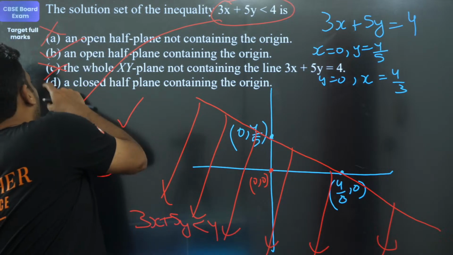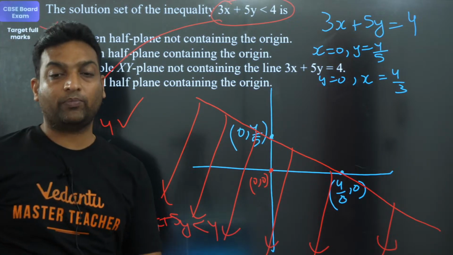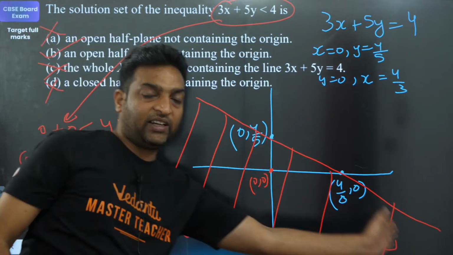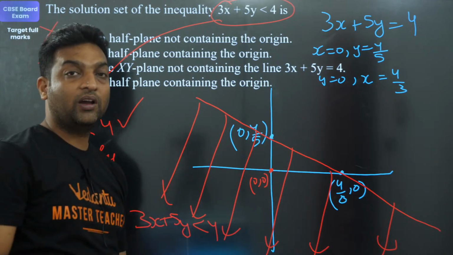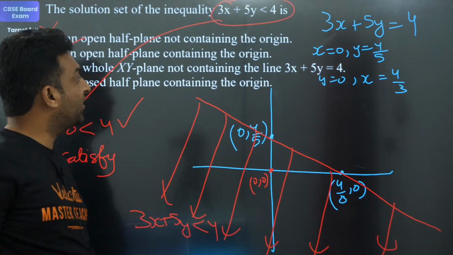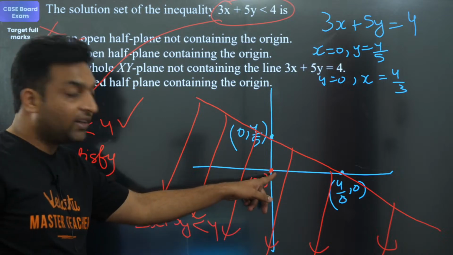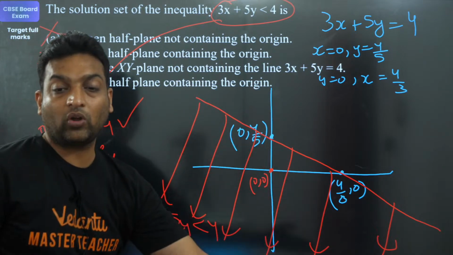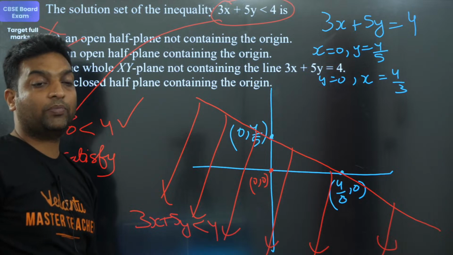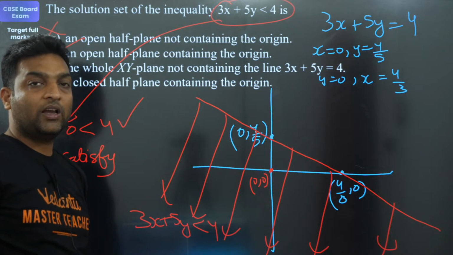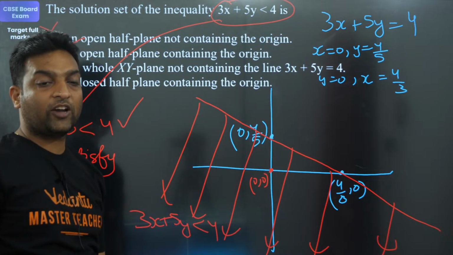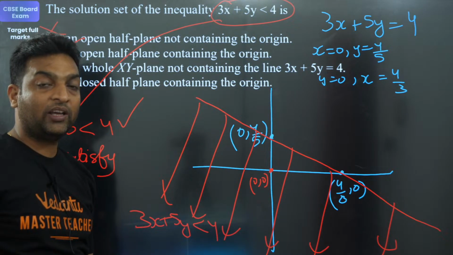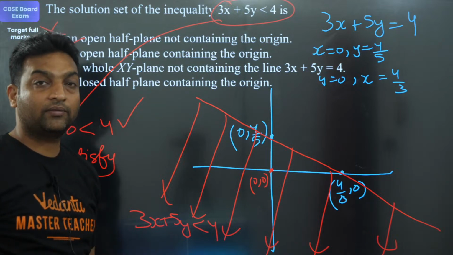Because there is no equality, it is an open half plane, because this line is not included. The origin is contained, and this line is not included, hence it is an open half plane. If the line is included, there is equality, then it will be a closed half plane. Important, remember this.